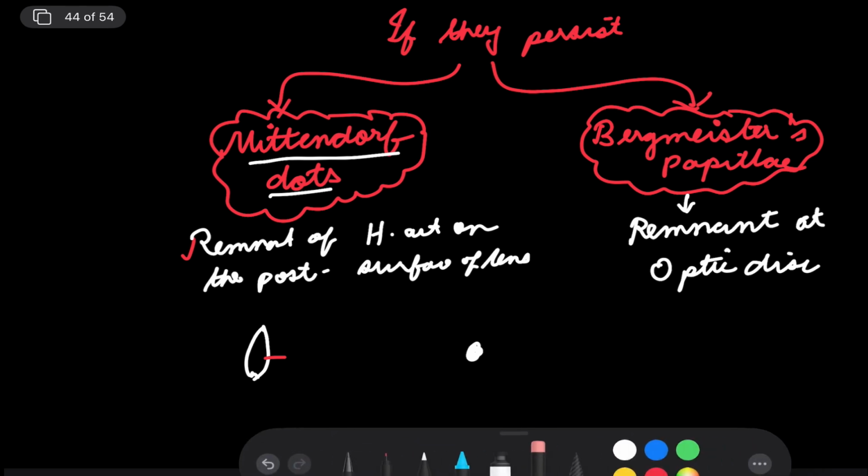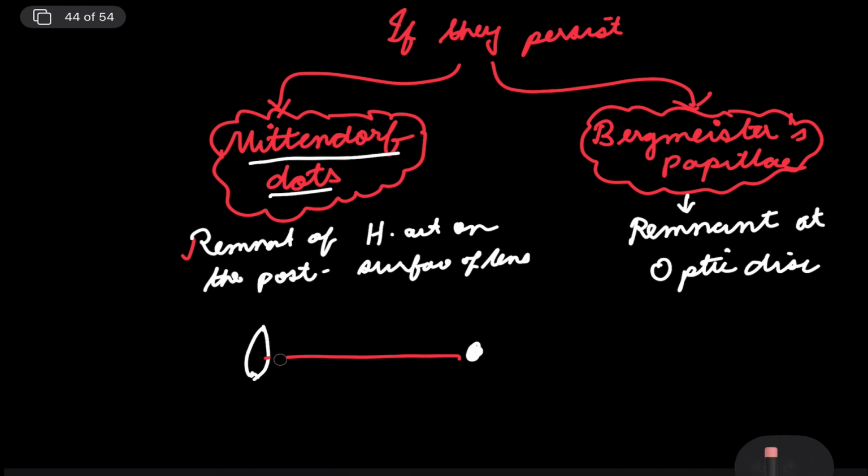On the contrary, if this entire thing disappears, but this much remains, then that is called Bergmeister's papillae. A remnant at the optic disc is Bergmeister's papillae. A remnant of the hyaloid artery at the posterior surface of the lens is the Mittendorf dots. Done? And by what time does the hyaloid artery disappear? It disappears by 8 months of gestation.